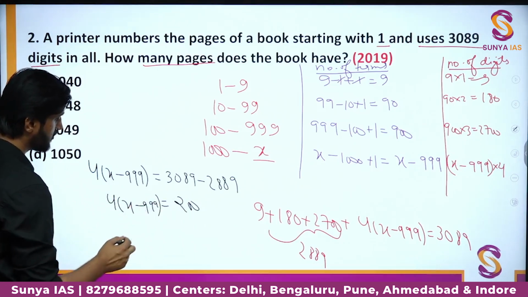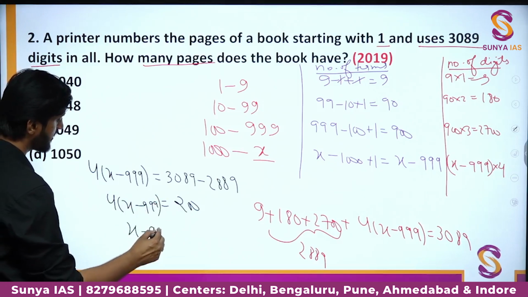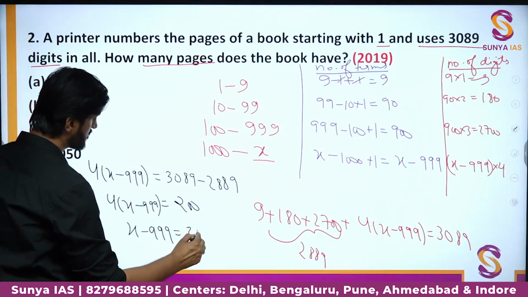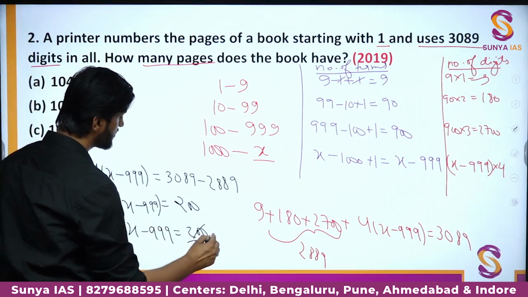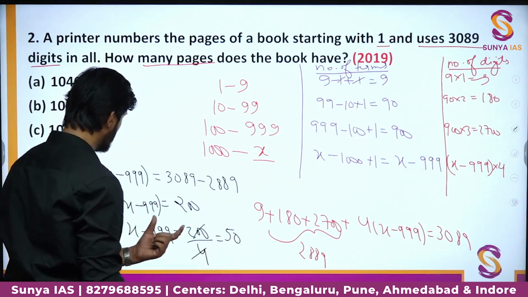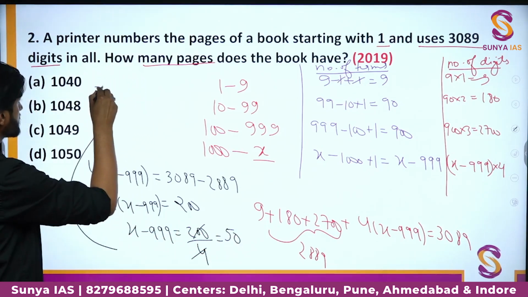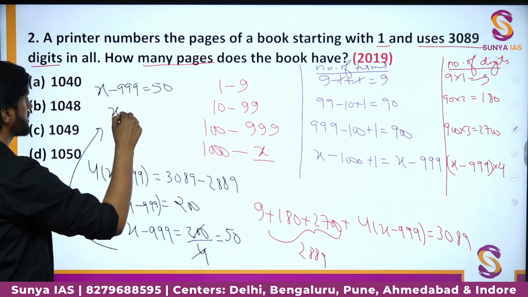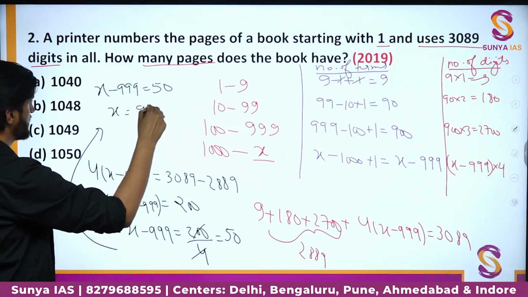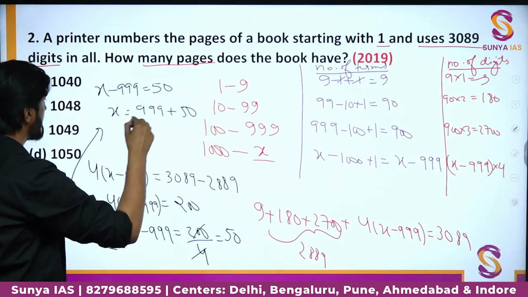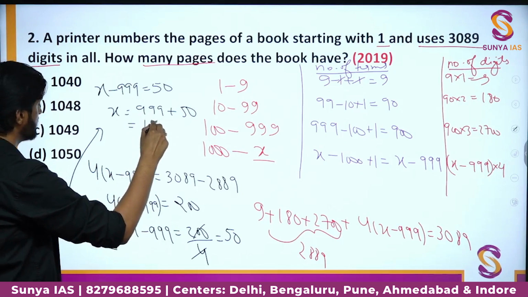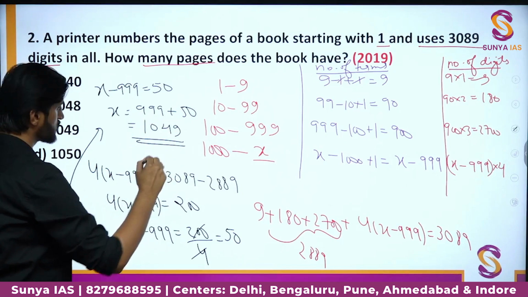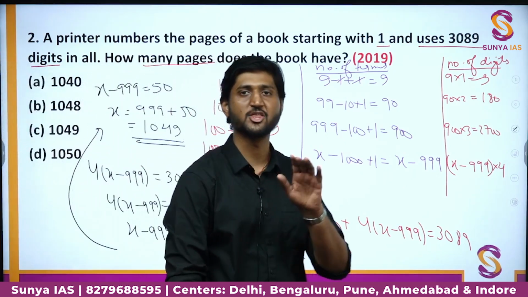When we divide by 4, we have x minus 999 is equal to 200 by 4, which cancels out to be 50. So, ultimately x minus 999 is equal to 50, or x is equal to how much? 999 plus 50, which comes out to be 1049. So, there are a total of 1049 pages in the book.